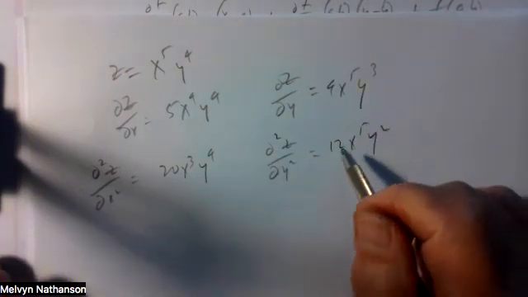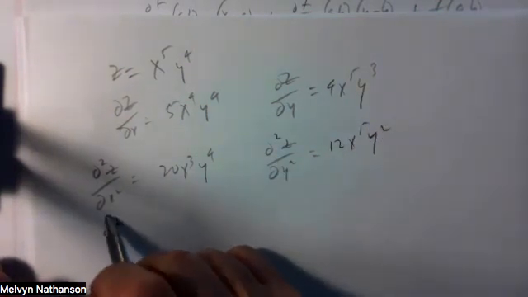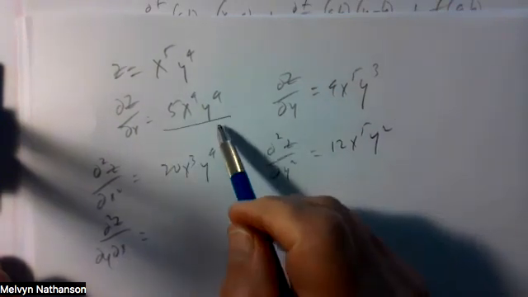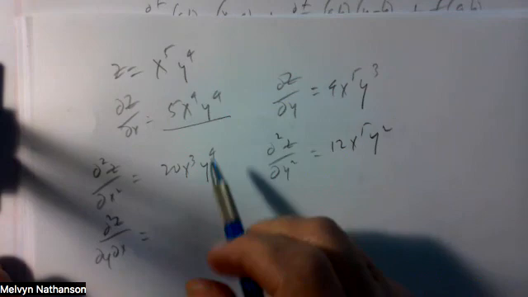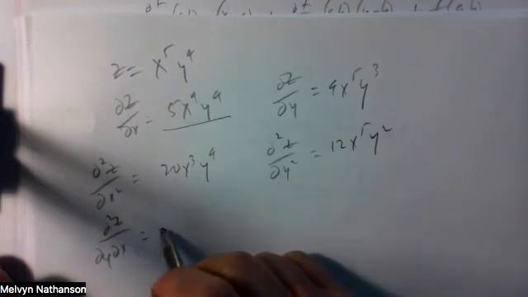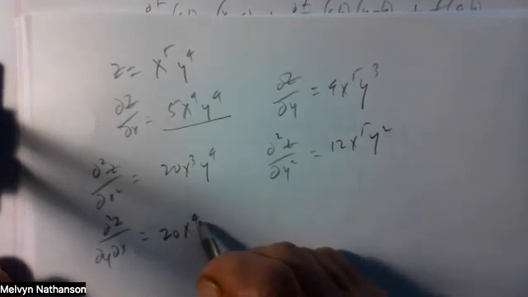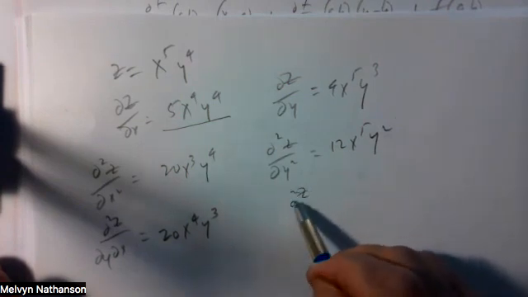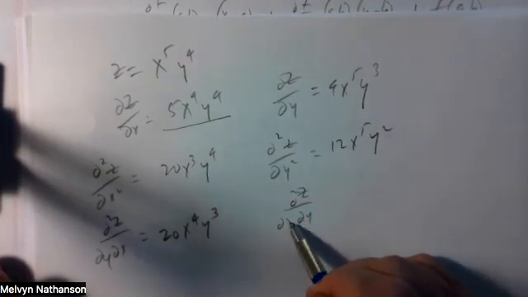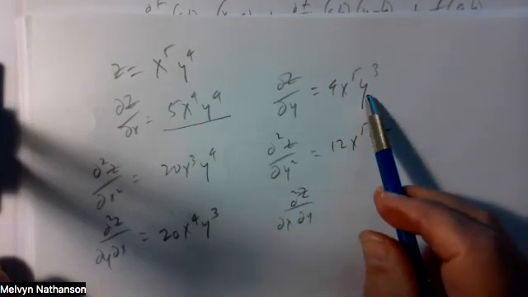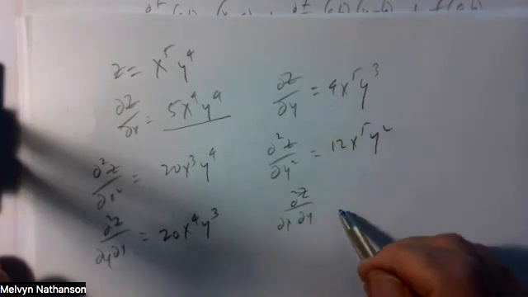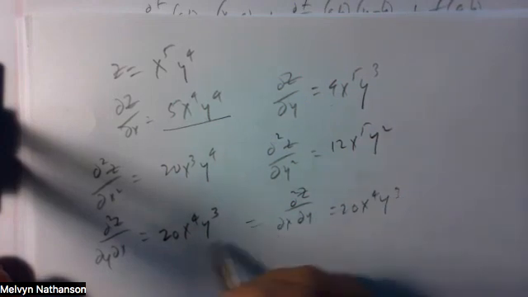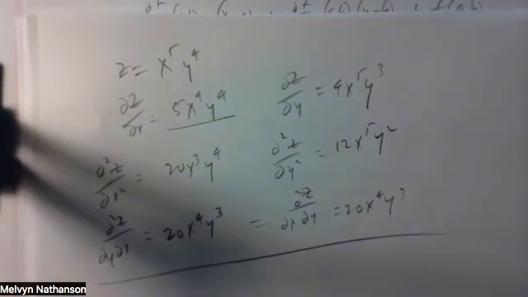If I take the partial of z first with respect to x and then with respect to y, when I differentiate with respect to y, I get 4 times 5 is 20. If I take the second partial of z first with respect to y and then with respect to x, I differentiate with respect to x, I get 20 x to the 4th y cubed. And of course, these are equal.